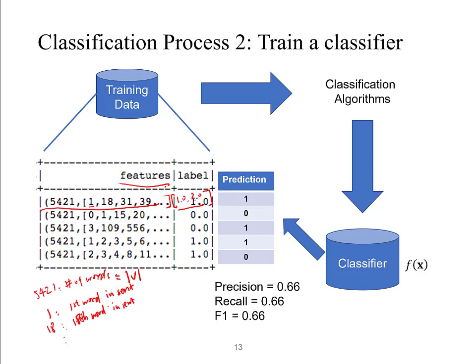For example, 1.0, 2.0 means the frequency of the first word is 1, and the frequency of the 18th word is 2. So this is how the feature vector looks. It is easy to see that the length of this list and this list would be the same, and the total length would be the same, and the number is 5,421.